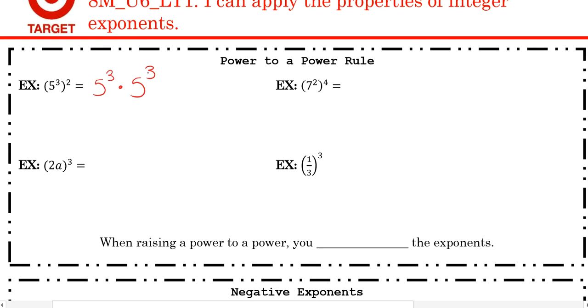And then using our product rule from earlier, when I'm multiplying a common base, I am going to add the exponents, which would then give me the value of 5 to the 6th power. So I have 5 to the 3rd squared is equal to 5 to the 6th.